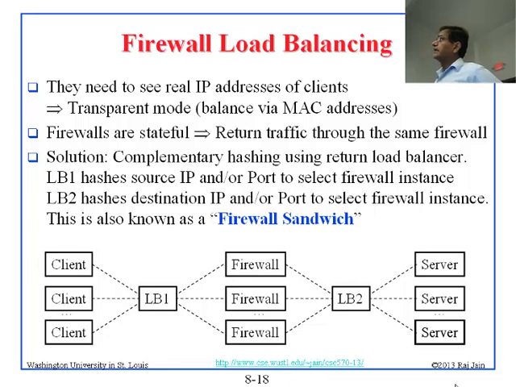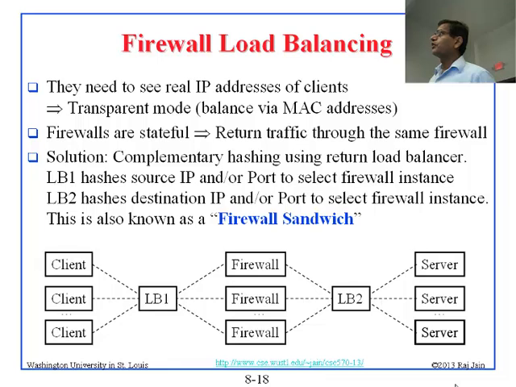So clearly, you have to use particular load balancers that will not change the source address, and that leaves you with the last two. And the second thing is, you want the traffic to come back to the same firewall, because if the traffic went to some other firewall on the return, then it would be a problem.